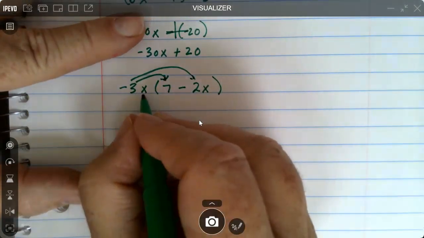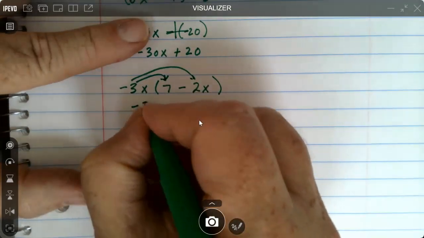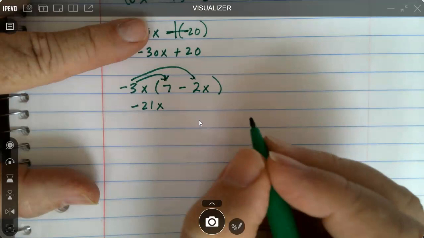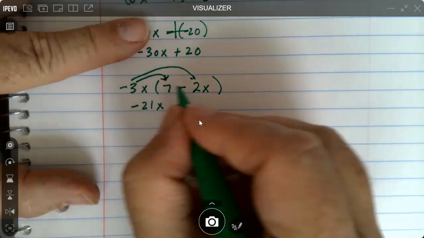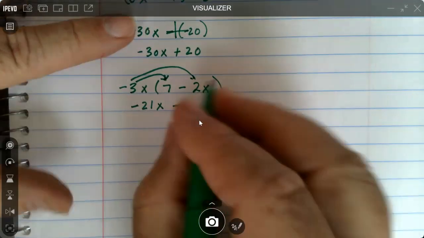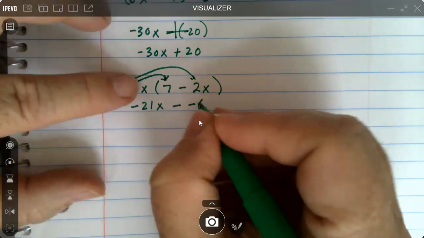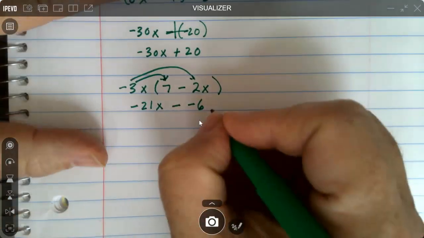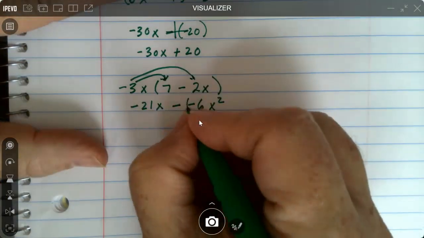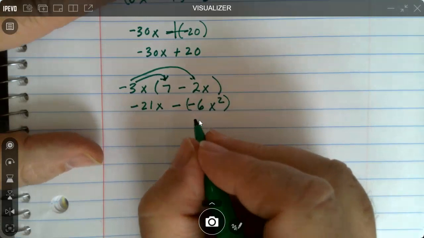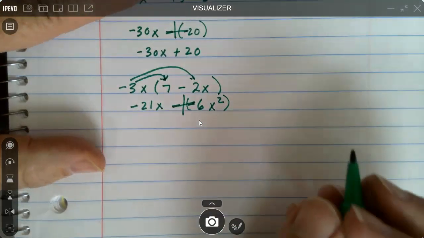So negative 3x times 7 is going to be negative 21x. Drop the minus. Negative 3x times 2x. That one is actually going to be negative 6, and then x times x, x squared. So when I look at this, same thing that we've run into before, negative, negative, big plus.